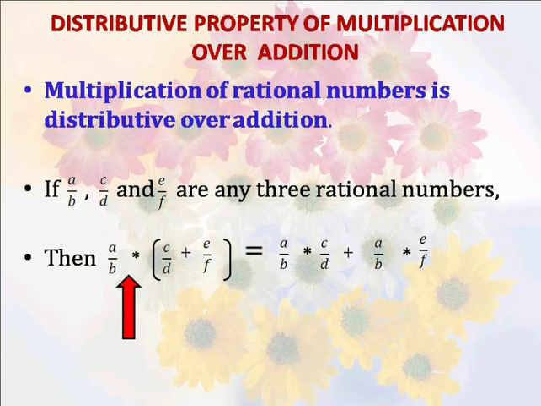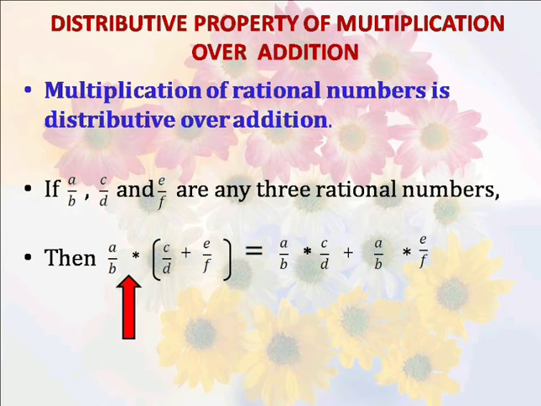So according to the rule, a by b, which is outside the bracket, will be multiplied with c by d and e by f, as a by b multiplied with c by d plus a by b multiplied with e by f.